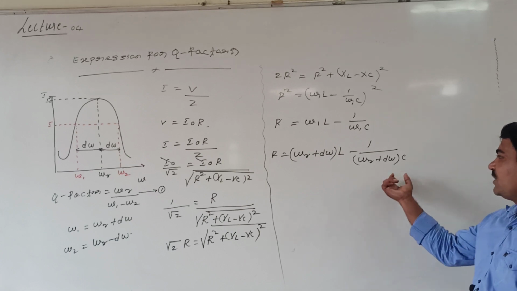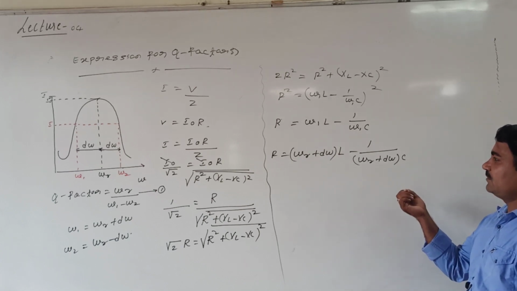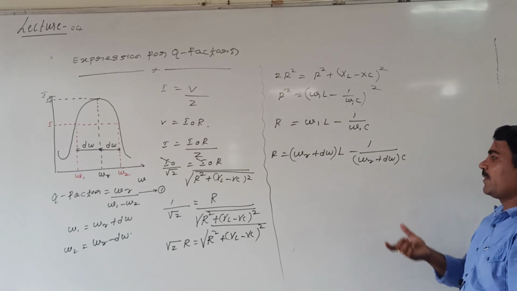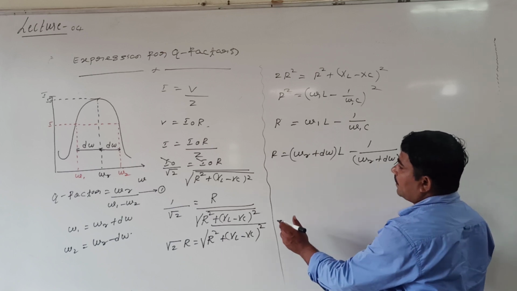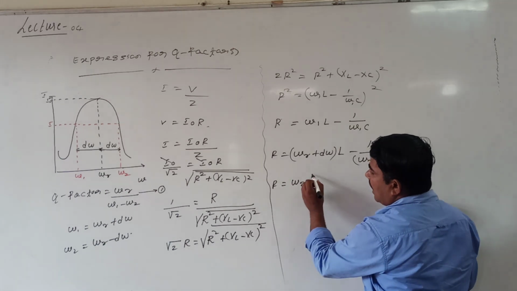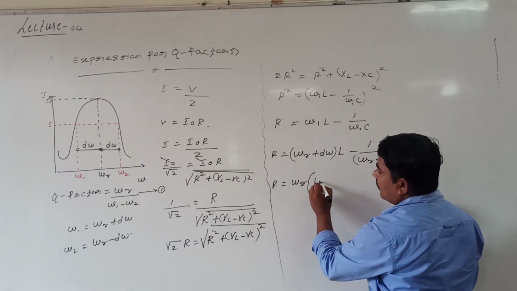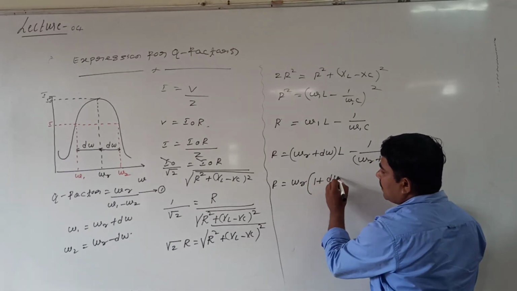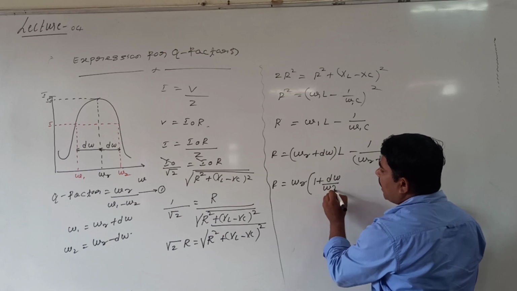Now I can modify this value. In this way I can modify: R is equal to omega r into bracket 1 plus d omega divided by omega r.